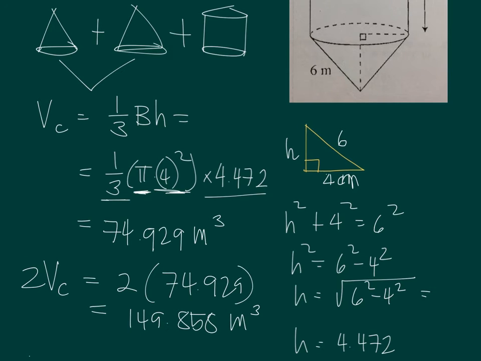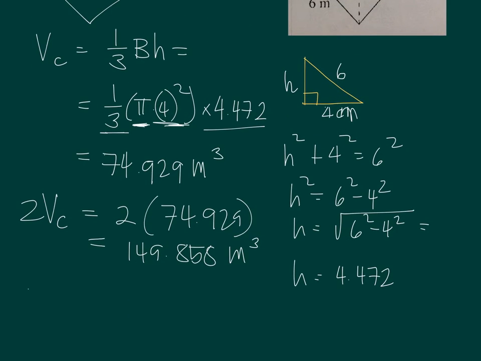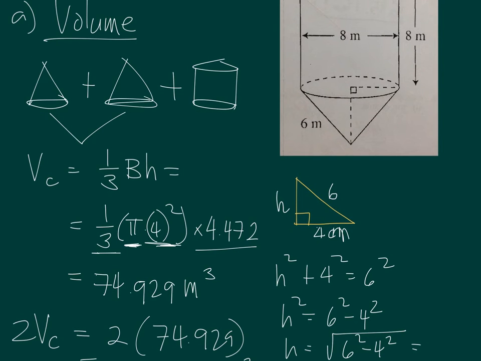The next thing we have to find is the volume of the cylinder. So pi r squared h. I forgot to explicitly say that the base is a circle, so you have pi r squared and then h.